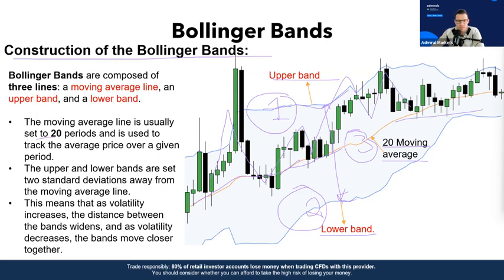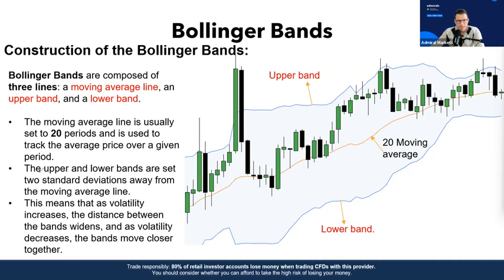direction. Then the upper and the lower bands are set at 2 standard deviations, as I already mentioned, away from the moving average line. So 2 standard deviations away from this line.